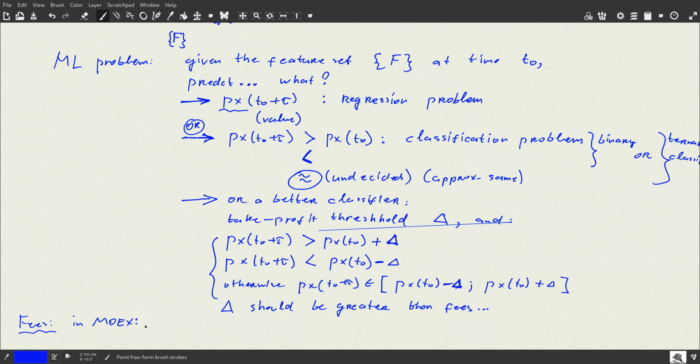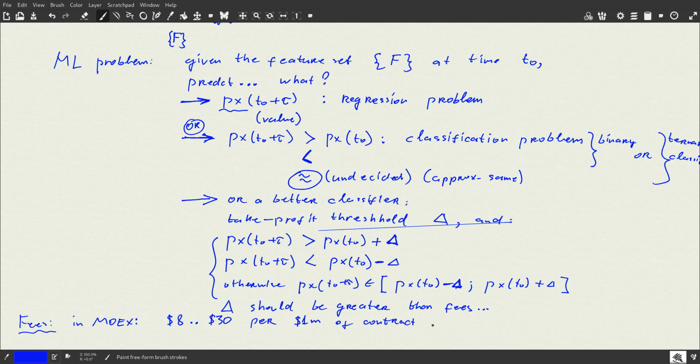So they could be in the range from 8, that is the absolute minimum, to let's say $30 per 1 million of contract size.